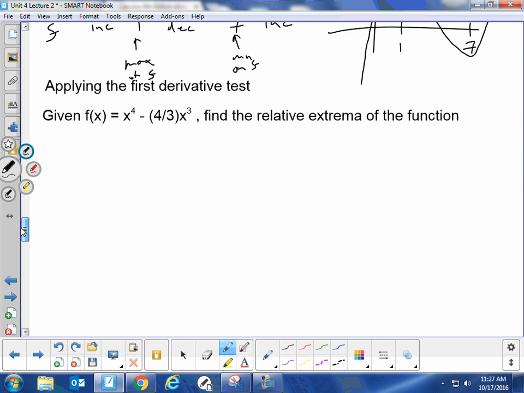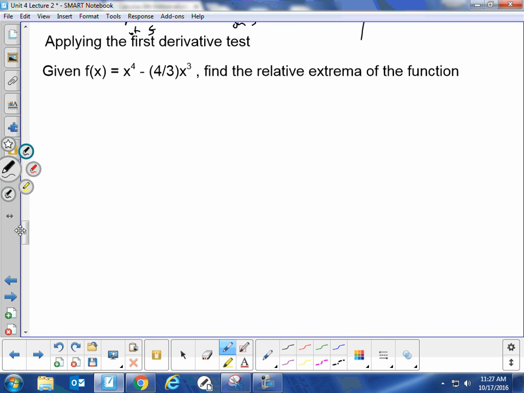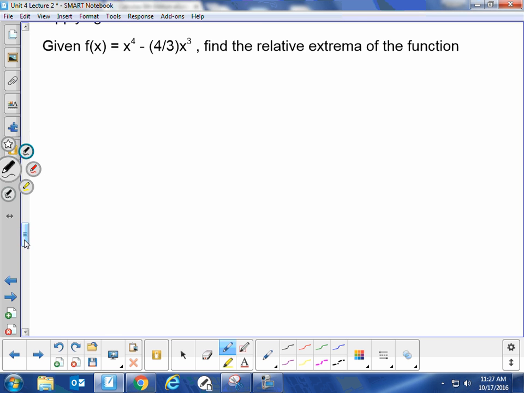Let's try another one. So really my question is find the x locations of the relative extrema of the function.